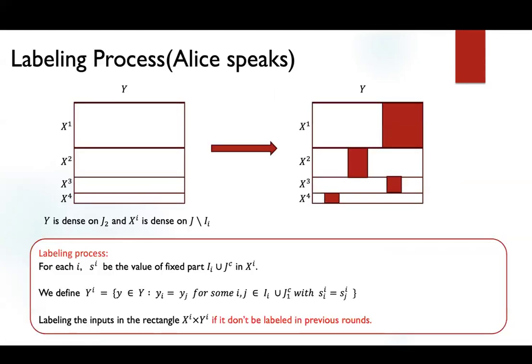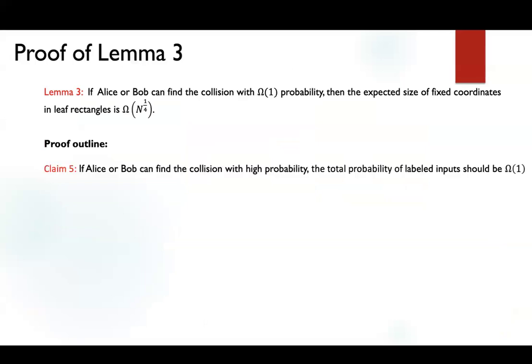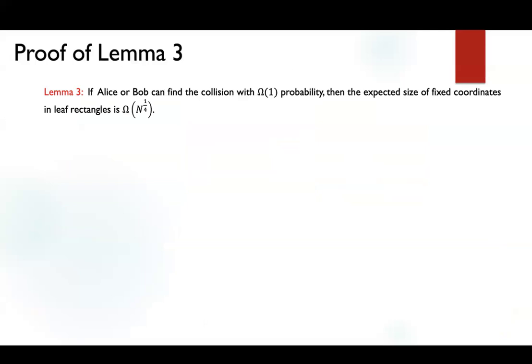Labeling means that we label some inputs for Bob: first we choose some Y such that, in Bob's view, they can find the collision in the fixed part of Alice. So we label the inputs in this rectangle. And based on this labeling process, we can prove number 3.